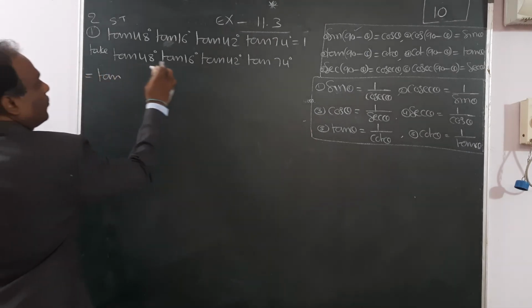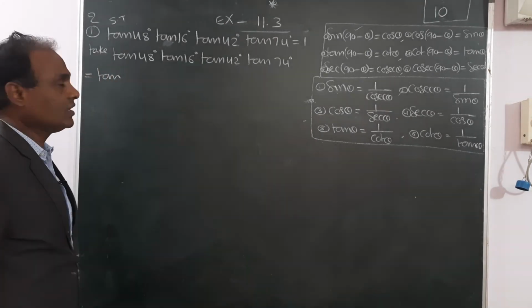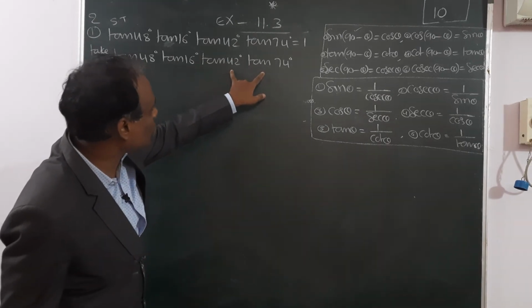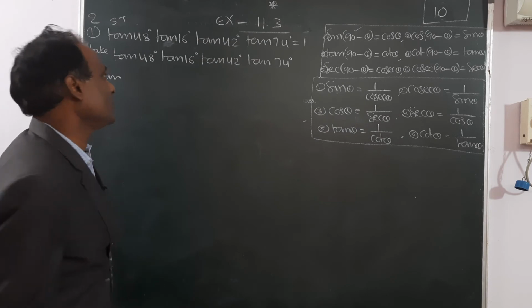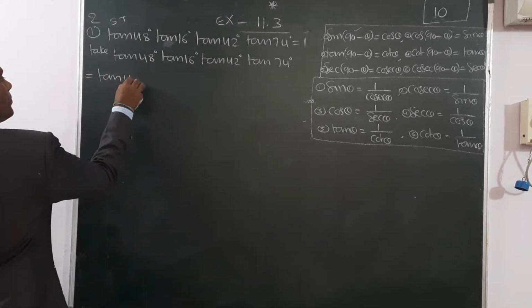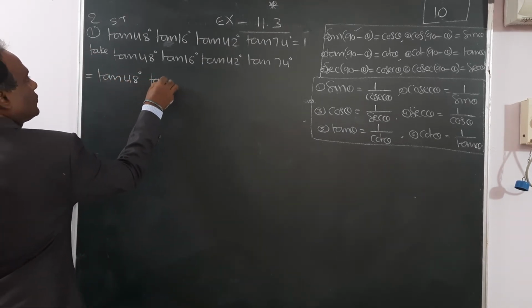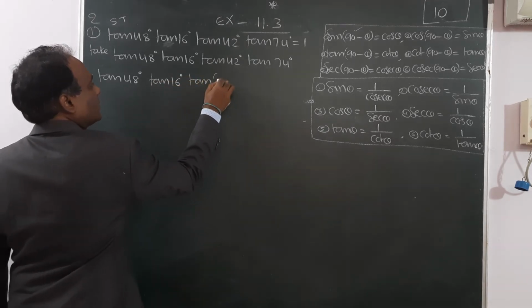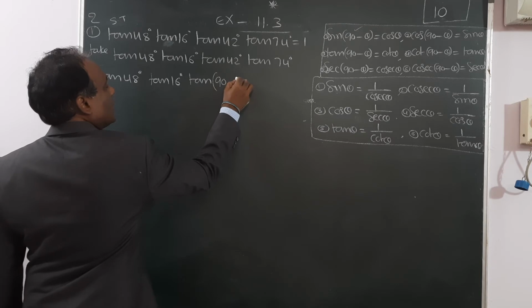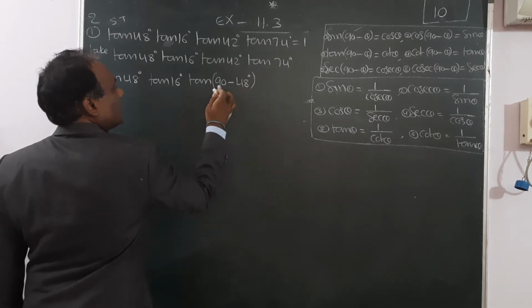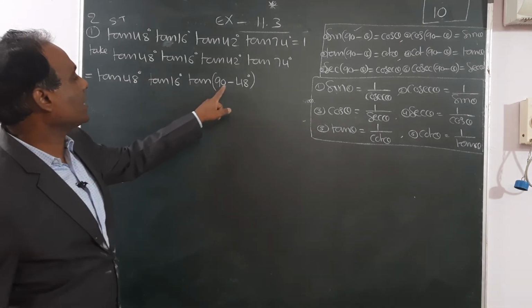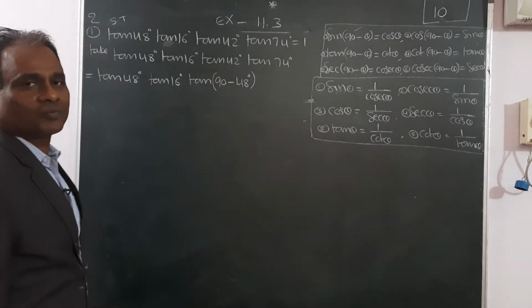First, out of the 4 factors, I will keep the first 2 same. I will change the second 2 in terms of the same angles. 42 can be written as 90 minus how much? 90 minus 48 is 42.